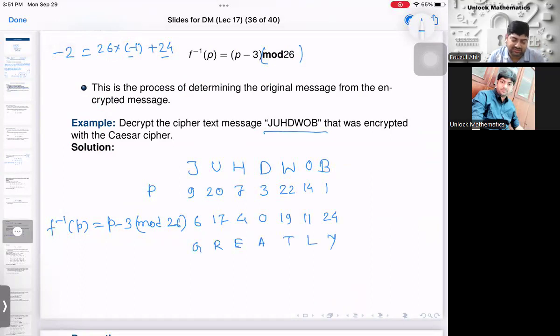So this is the original message, whose secret message is this one.